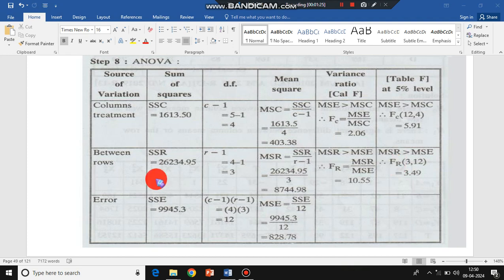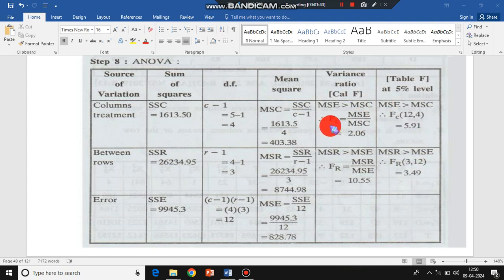We have got 3.49. These two are necessary because it is a two-way analysis, two-way ANOVA we say.